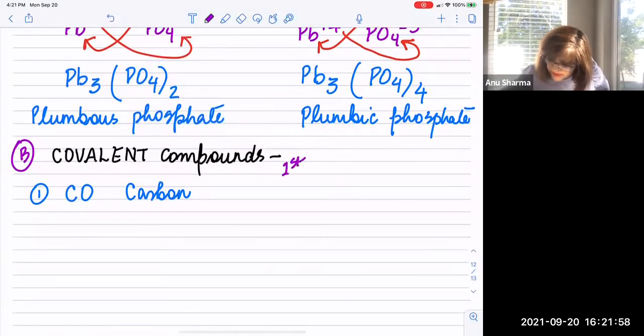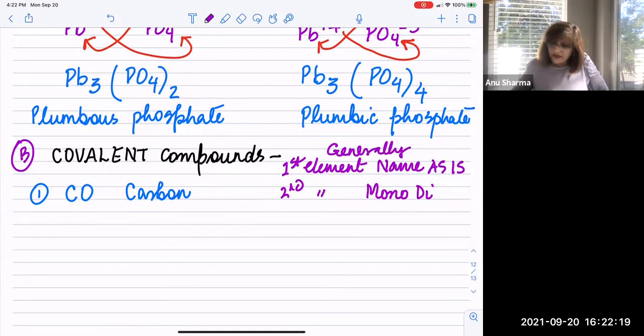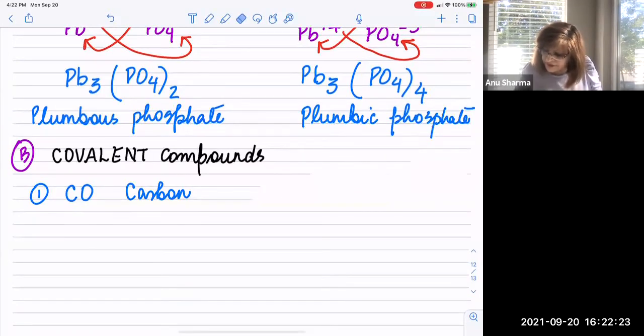The first element, name as is. The second element, you get the mono, di. This is generally, not all the time. Let's put it this way.